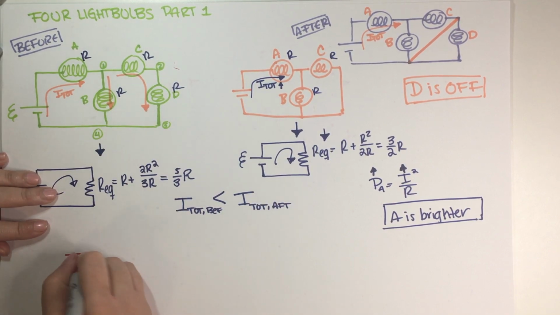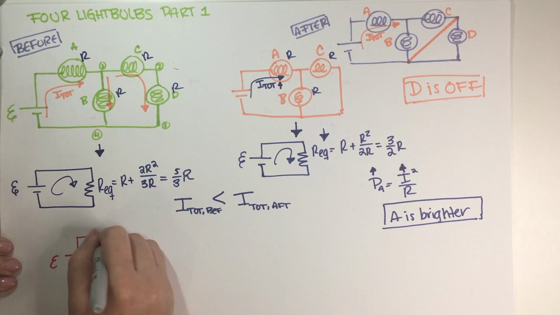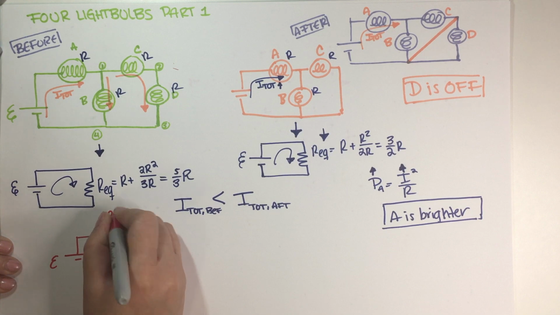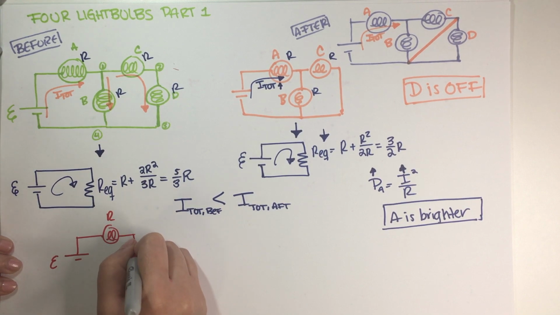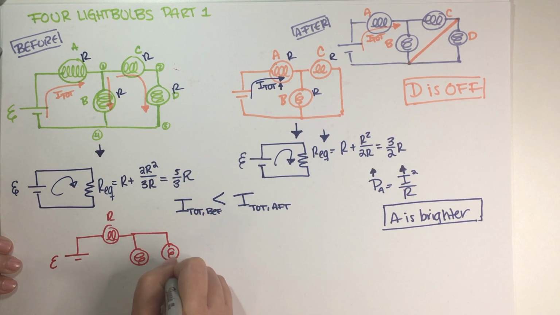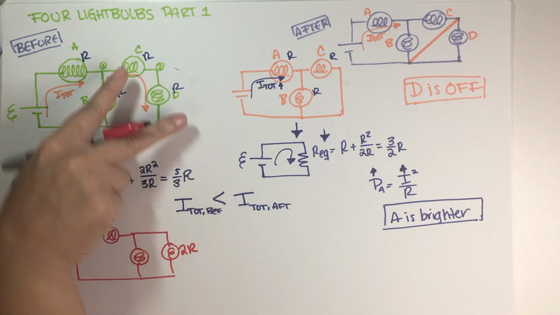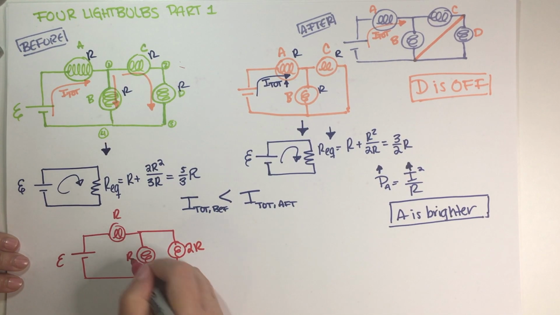So let me just redraw it. So this is R, and this is 2R if you combine these two, and this is just R.